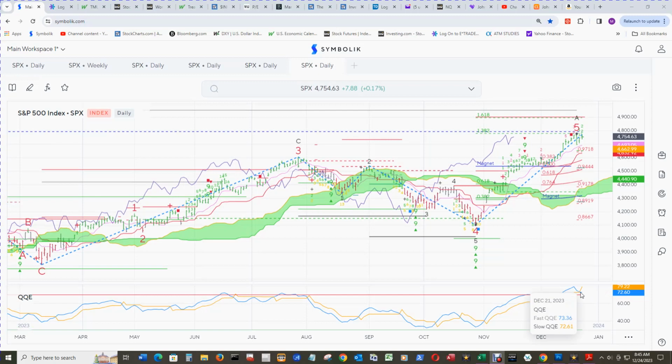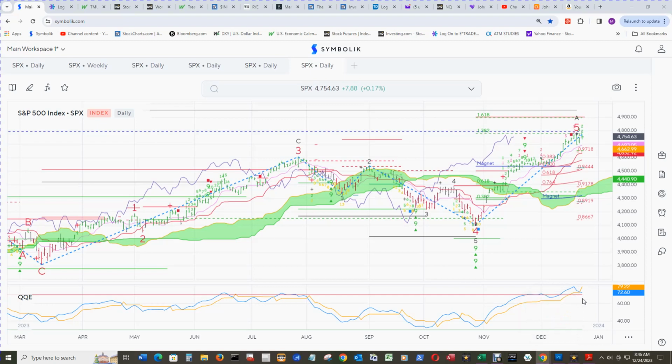And the QQE has done something that I could see that it has never done before. I went back about 10 years on this daily chart, and that is having the slow QQE cross above the fast QQE above the overbought 70 line.